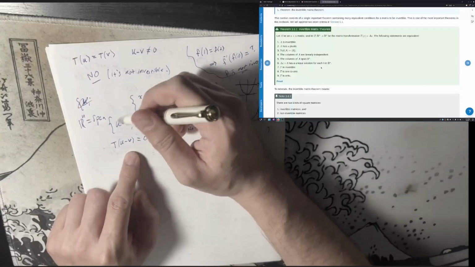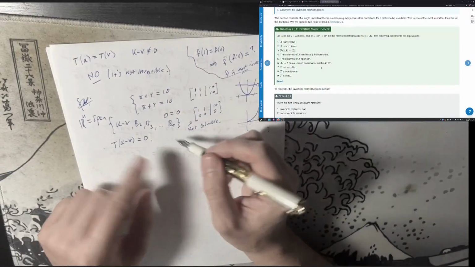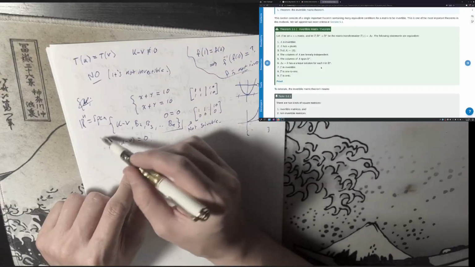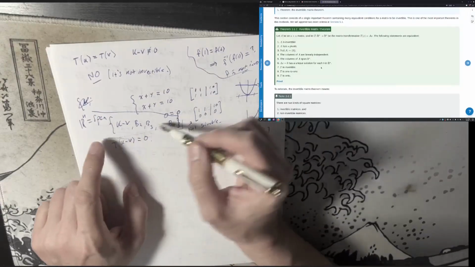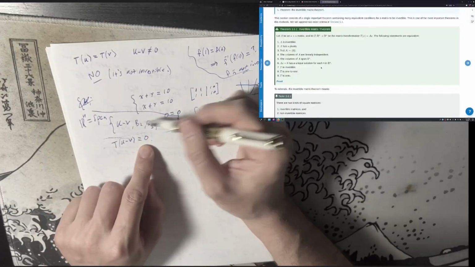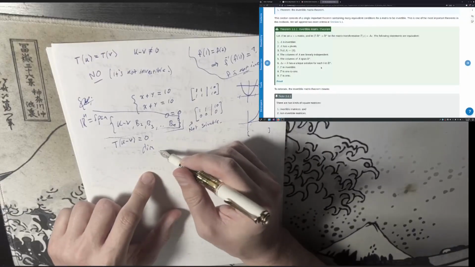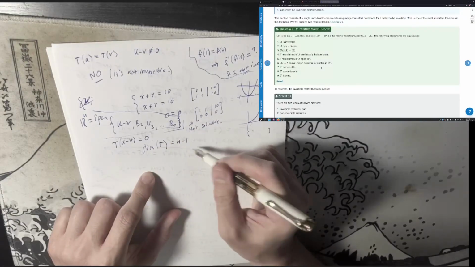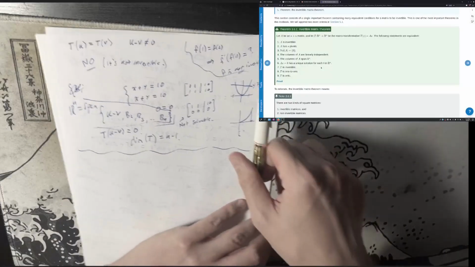It collapses this first vector. So there's no way it could be onto, because even though this is Rn, when it acts on this space, it loses a vector. The dimension of the image of T is basically n minus 1 instead of n. So it's not onto.